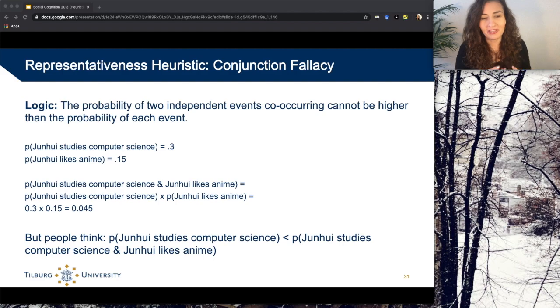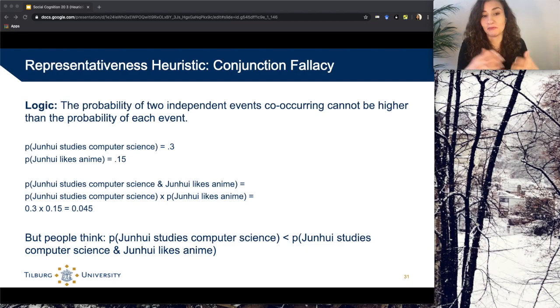However, people will think that the probability that Junhui studies computer science is smaller than that she studies computer science and likes anime. So they make an error in conjoining independently occurring events. And this would be an example of the representativeness heuristic because, well, why do people make this error?